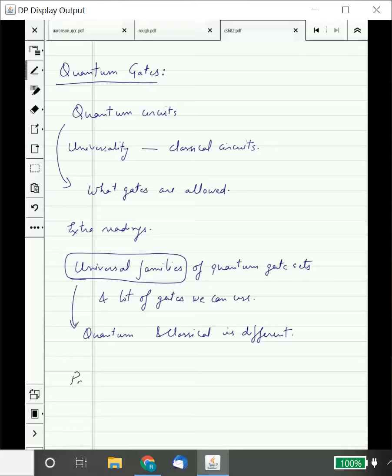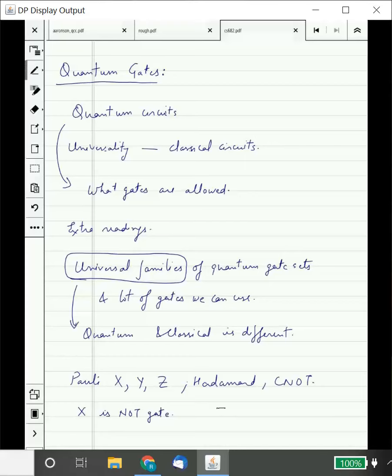You have seen Pauli X, Y, Z, Hadamard, CNOT. And remember, for all these gates, we just specify their actions. For example, X is essentially a NOT gate extended by linearity.